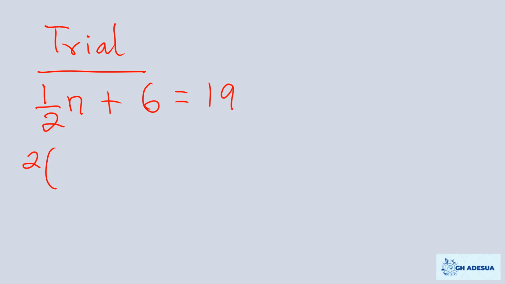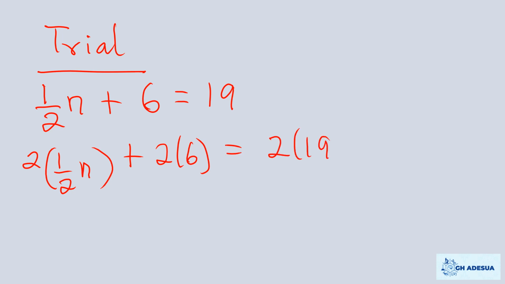So 2 into bracket 1 over 2n plus 2 into bracket 6 is equal to 2 into bracket 19. So these two cancel, n stands alone, plus 2 times 6 is 12. And then 2 times 19.